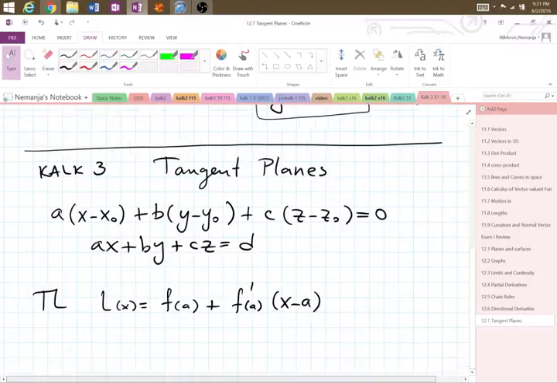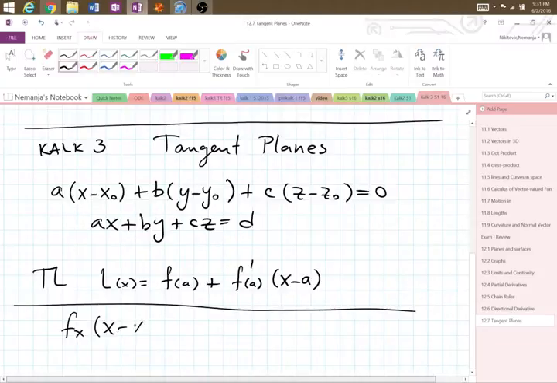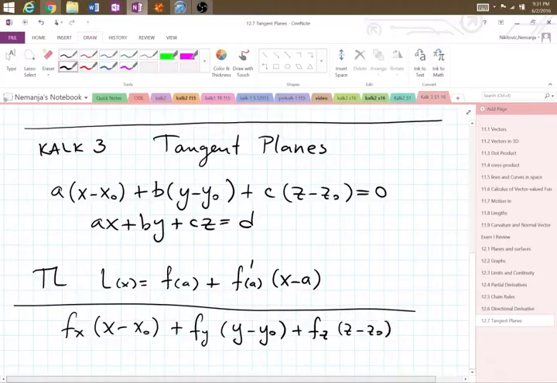So that's exactly where the tangent plane comes in. You can have the partial derivative fx times x minus x0 plus fy times y minus y0 plus fz times z minus z0 equal to 0.